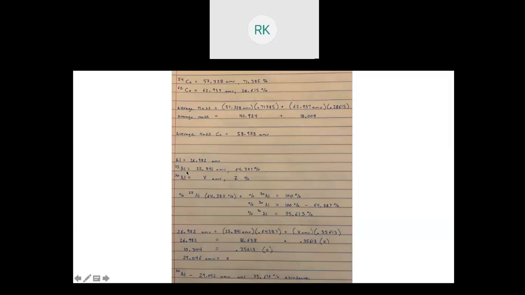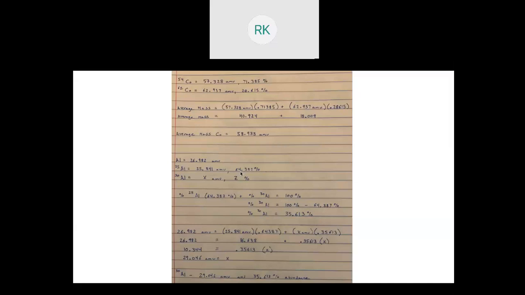Aluminum 25 has 25.8 as a mass and a percent abundance of 64.387%. When we look at aluminum 30, however, we notice that we don't have a weight for that isotope, nor do we have a percent abundance. And you might look down to the next step and say, what is he doing here?